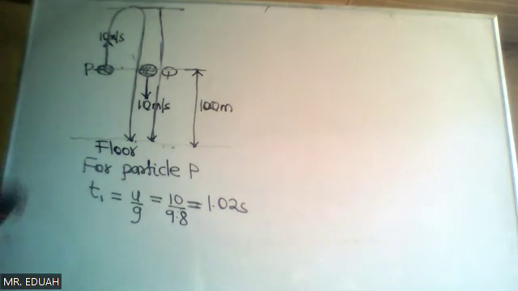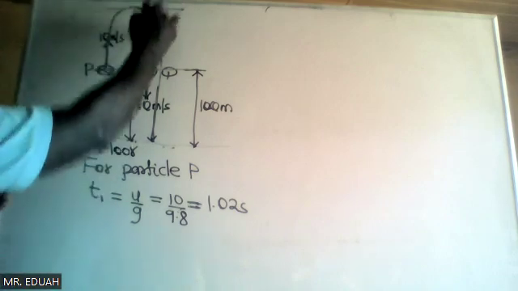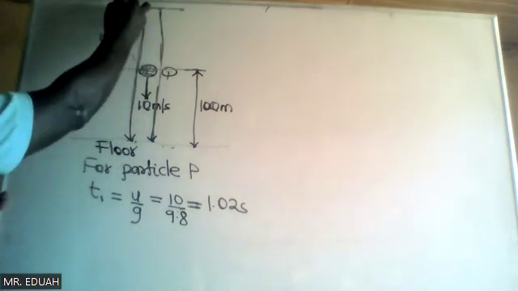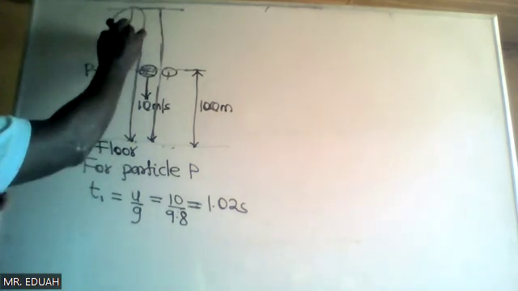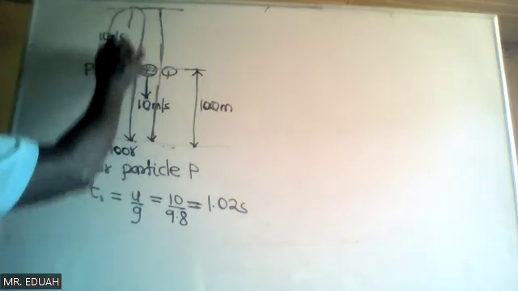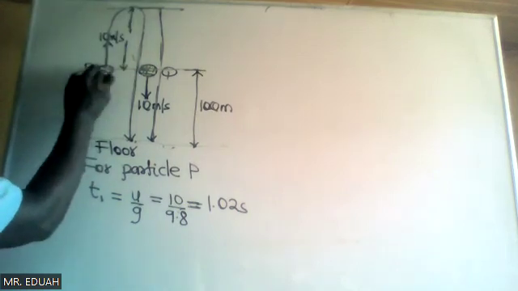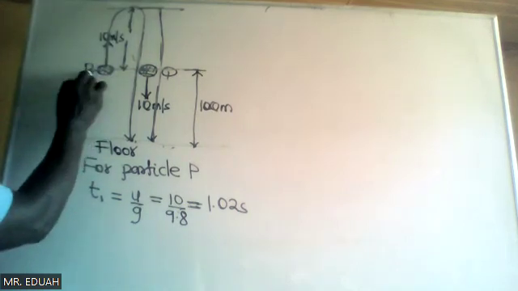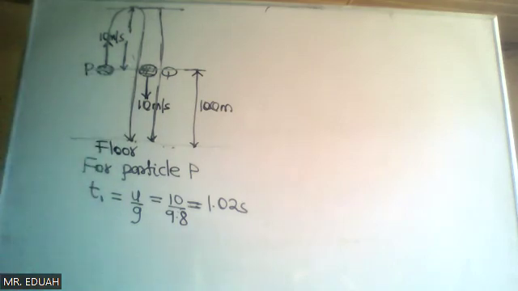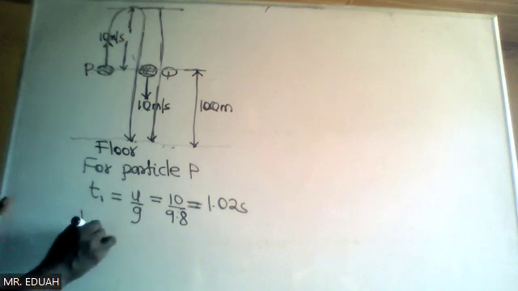But before that, we need the maximum height, because we'll add it to 100 to find the time. So help me determine the maximum height, H max, when P was projected from the 100-meter level.